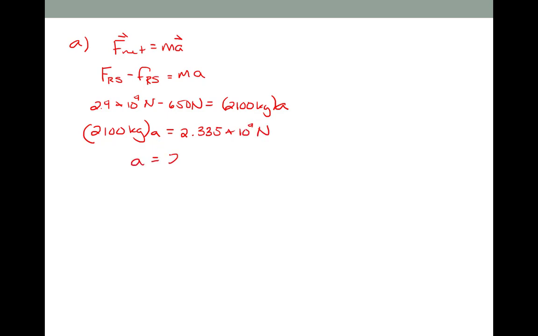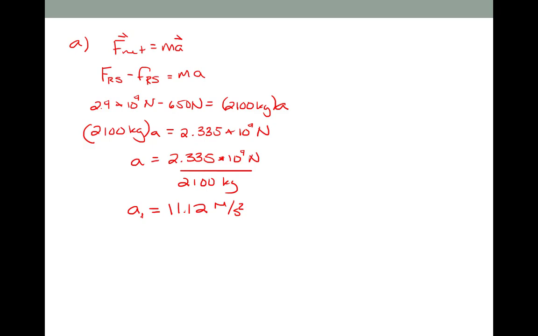So the acceleration is 2.335 times 10 to the 4th newtons divided by 2,100 kilograms, and I get an acceleration of 11.12 meters per second squared. I'm going to label this A with a little subscript of 1 to remind myself that this is the acceleration with just one rocket burning.